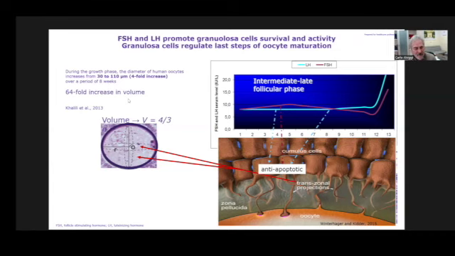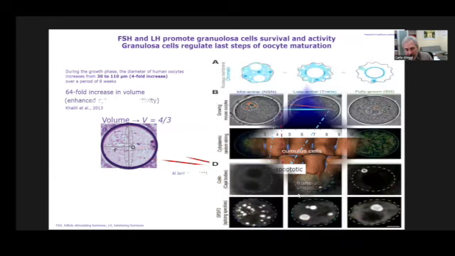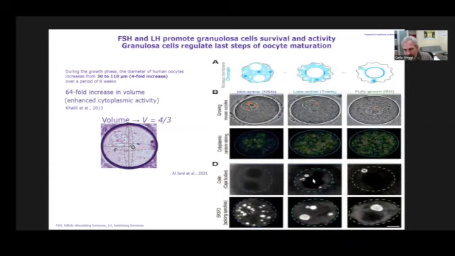This increase in volume is related to the activation of transcriptional loops, the storage of molecules, and everything is regulated by granulosa cells of the cumulus. So if you have more granulosa cells in the cumulus surviving, you have better cytoplasmic maturation.